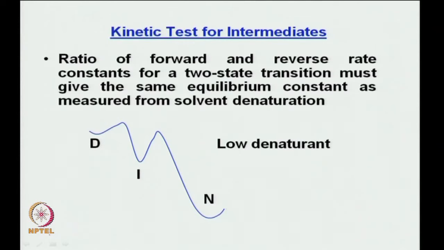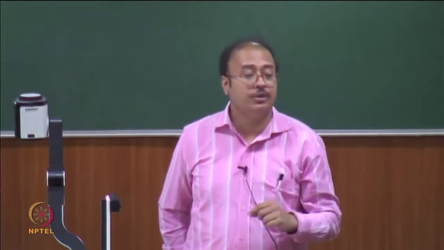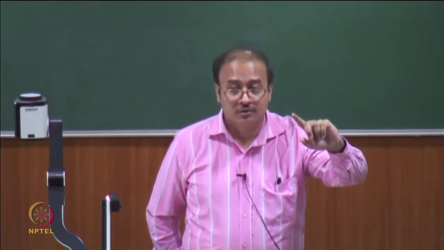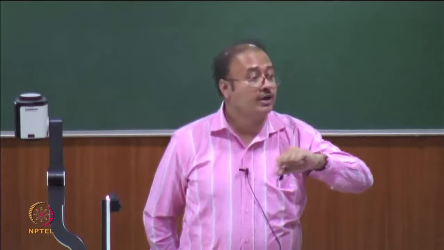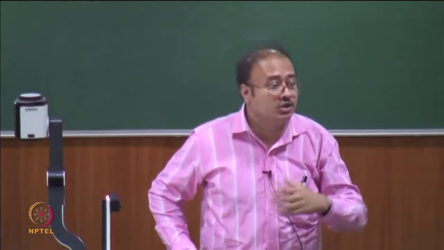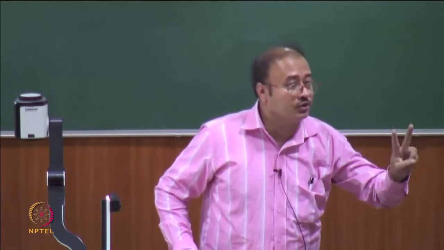So, the first thing is, remember what was K observed equal to: Ku plus Kf. What is K equilibrium? If you are going from U to F, what is K equilibrium? Kf by Ku, right. Now, when you are looking at this kinetics, you are getting K observed, which is Ku plus Kf. You have one equation, but you have two unknowns.